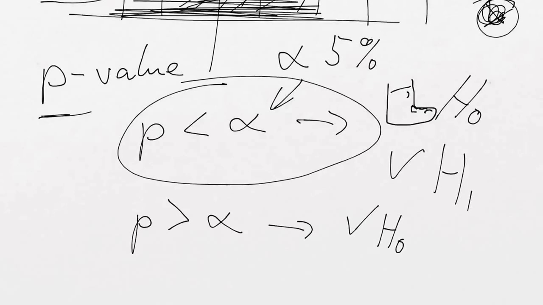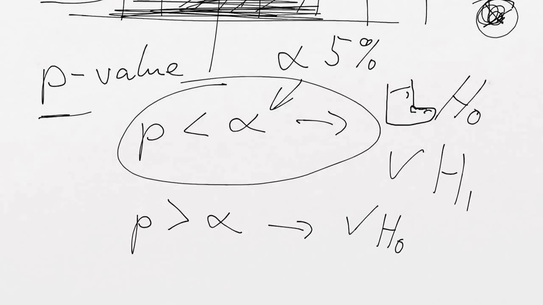I can't remember the mnemonic now. If p is low, that's the way.